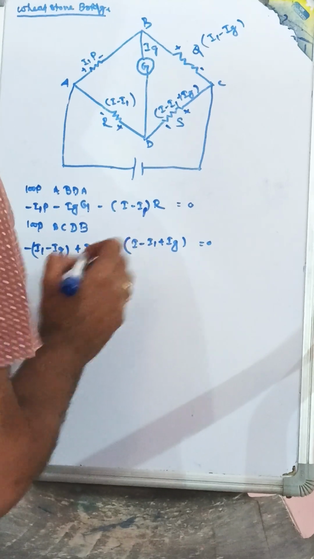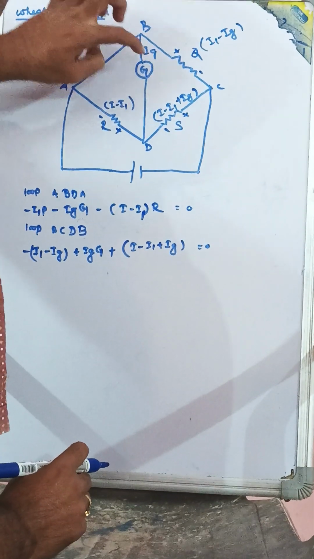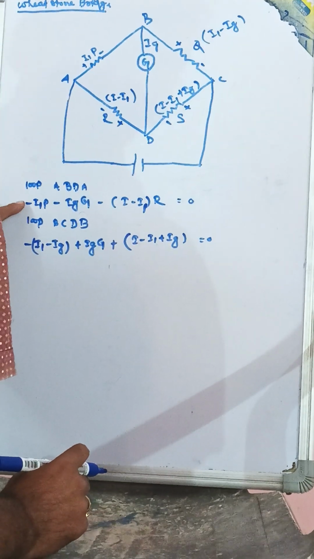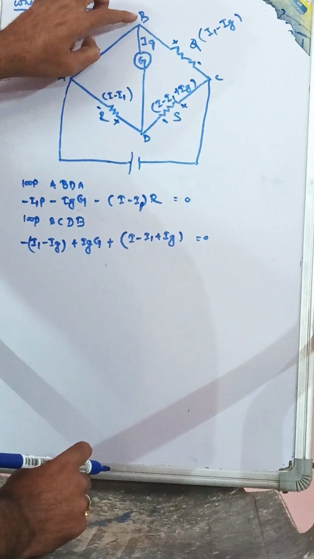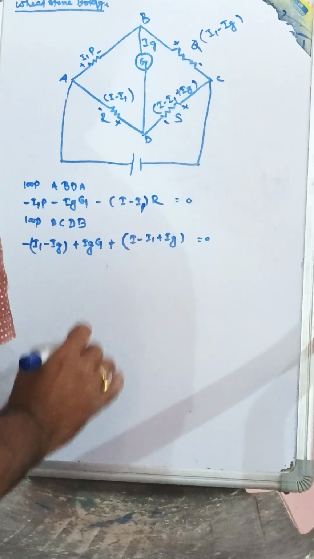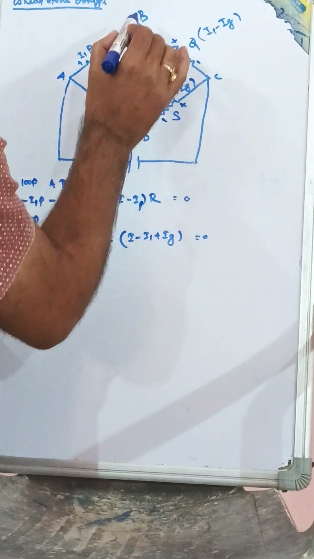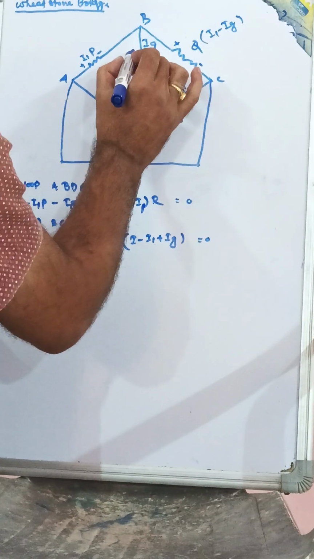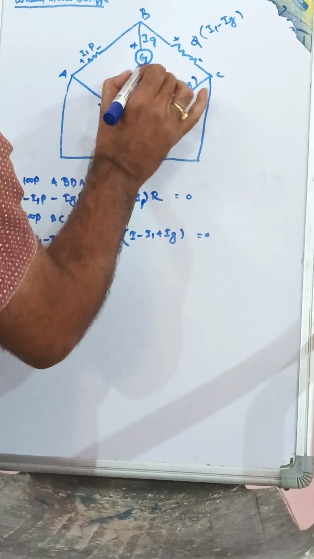This is plus to minus, minus I1 P, minus Ig G, okay, D to B plus, okay, plus Ig G.